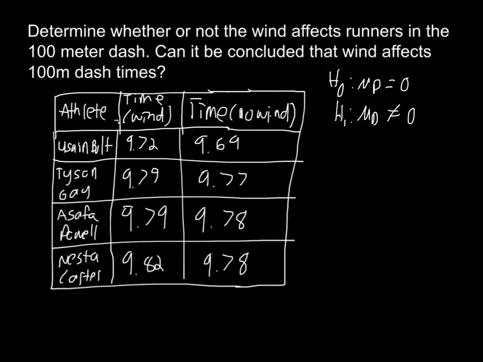Then you're going to take the time in the wind, or sorry, you're going to take in list 1, for example 9.72, and then subtract it by 9.69, and then do the same thing on each one of them, all in list 1.